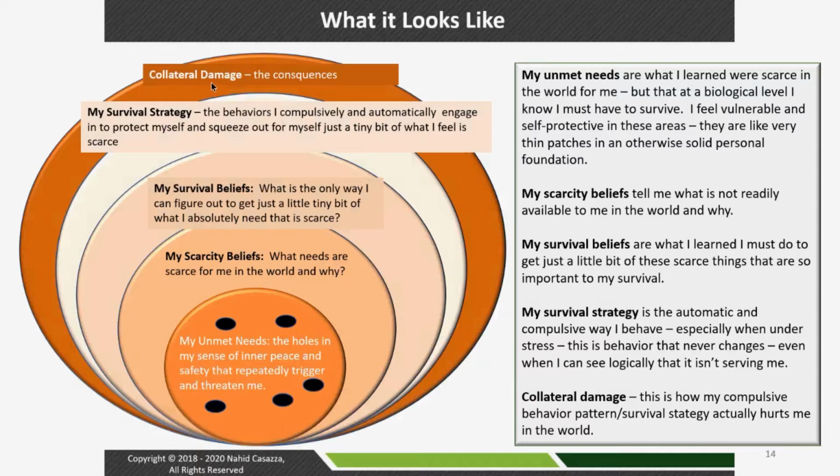And maybe the collateral damage is they're not spending time with their family, or they want some relaxation or life balance, but they can never get it because they have to keep achieving. And anytime they start feeling threatened, they've got to achieve again. So they spend all their time wrapped up in their survival strategy. Some people are people pleasers. And so they spend all their time pleasing other people and they never get to be happy themselves.